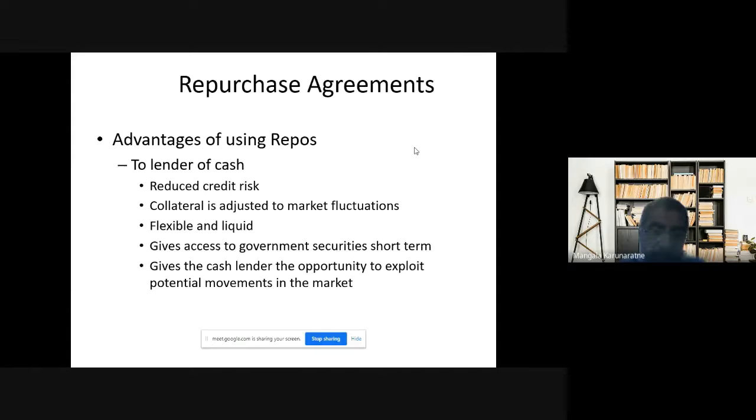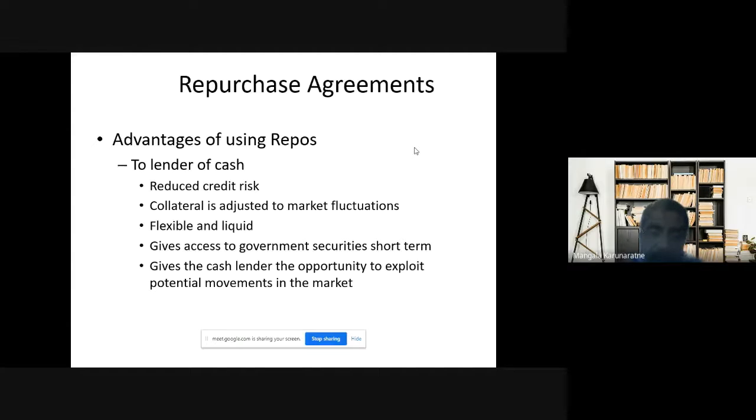And highly liquid. Why do we say highly liquid? Because anytime you can use those securities. If the institution who has given you the securities is not in a position to pay back your money, then you have the securities, so you can get them liquidated in the market, or you can keep them and get money at maturity.